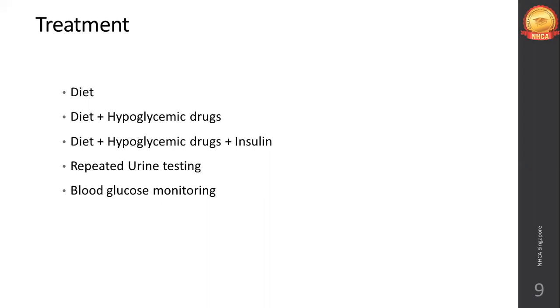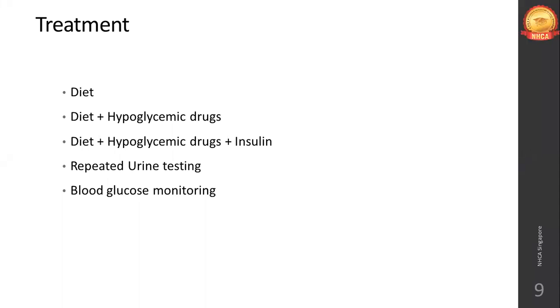So diet, and then diet plus hypoglycemic drugs. This is prescribed for people whose pancreas is producing insulin, but their blood glucose levels are remaining high. For them, hypoglycemic drugs will be prescribed.